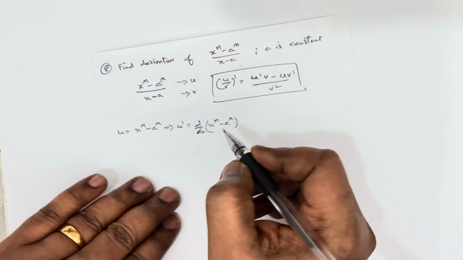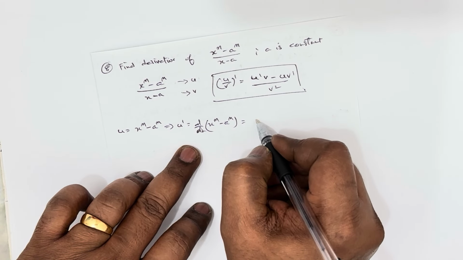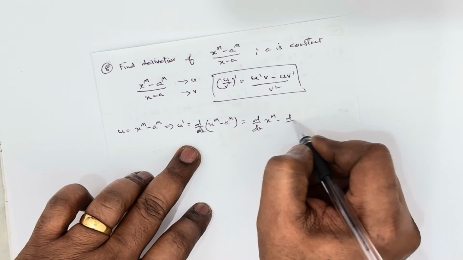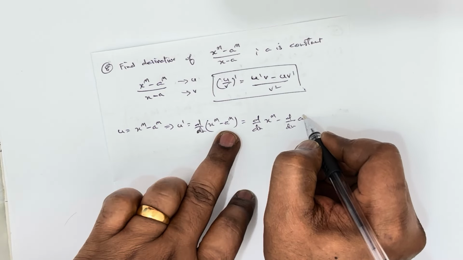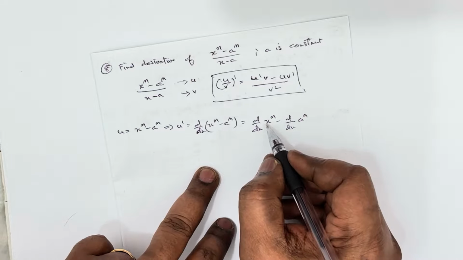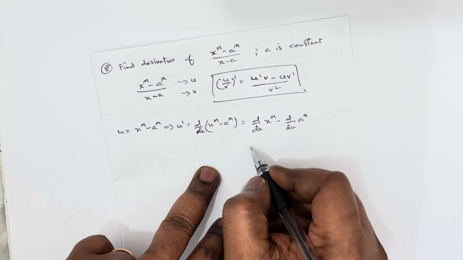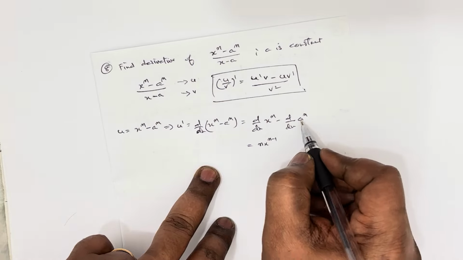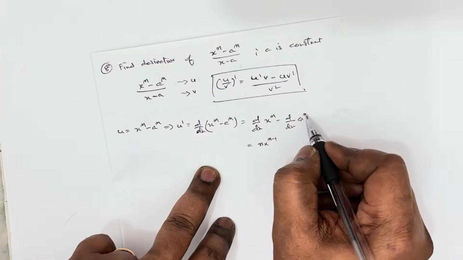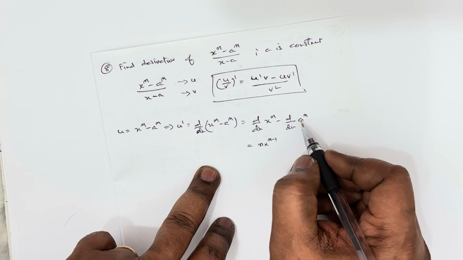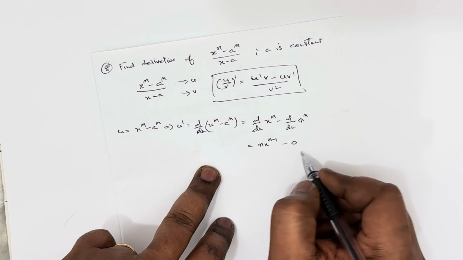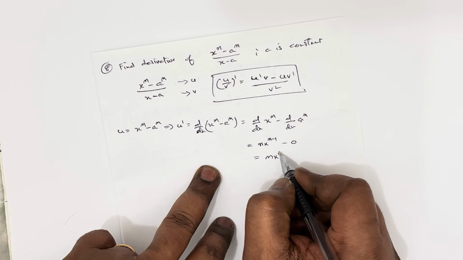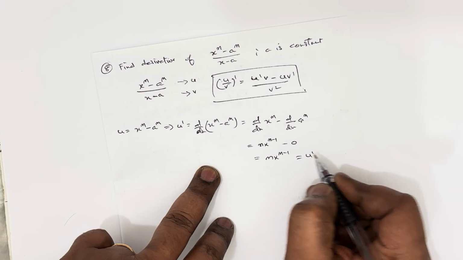So we'll have dy dx of x raised to n minus dy dx of a raised to n. Now this is in the form x raised to n, so that can be written as n into x raised to n minus 1, and this is a constant. Constant upon anything is constant, so derivative of constant is 0. So we'll have u dash as n into x raised to n minus 1. This is u dash.